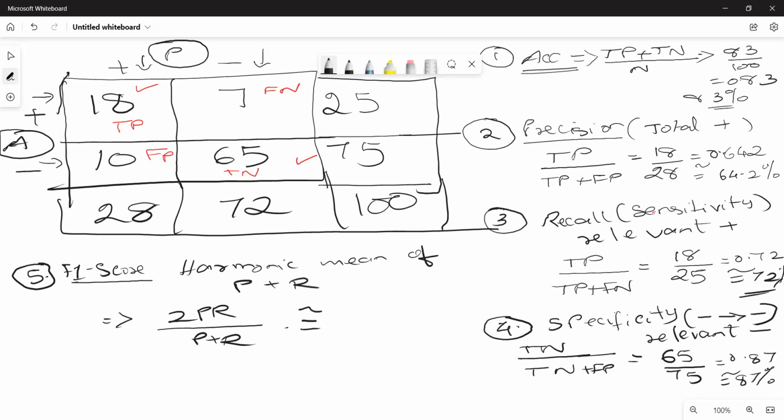So this is approximately 0.68, that is 68%.